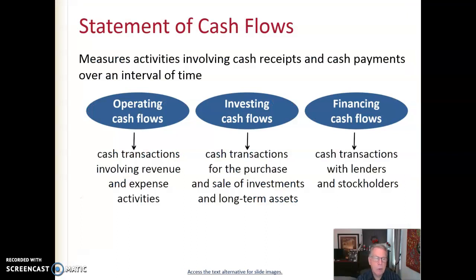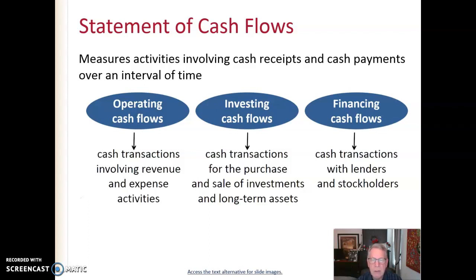Statement of cash flows are something we will do a little later in the course, but as you see from this slide, it's broken down into the three business activities: operating cash flows, investing cash flows, financing cash flows. And as I stated earlier, operating cash flows normally involve revenue and expense activities, our normal business activities.